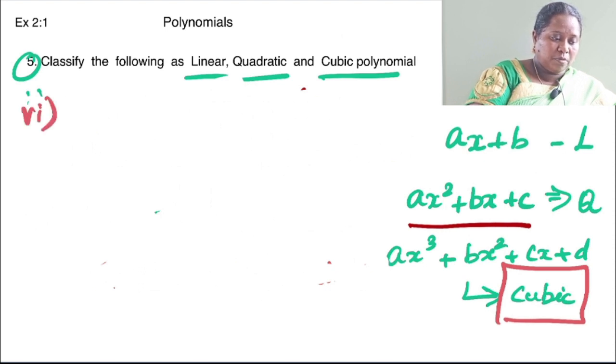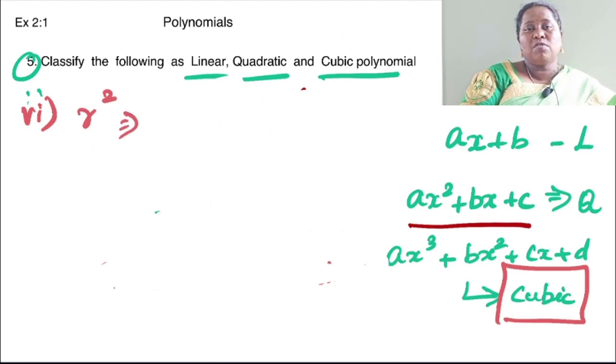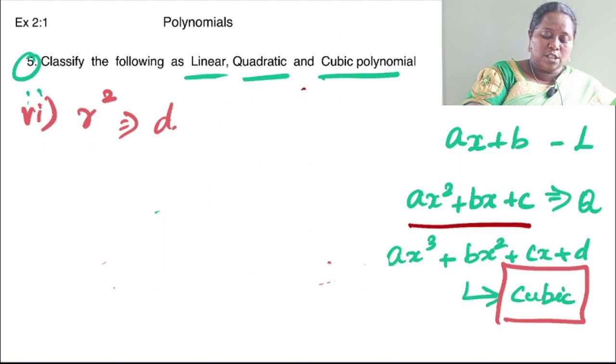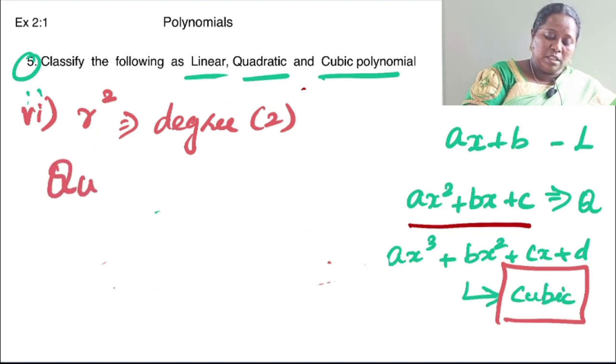What is the sixth sum? r squared. What is the highest power here? 2 is the highest power. If 2 is the highest power, then the degree is 2. If the degree is 2, then we can call it a quadratic polynomial.